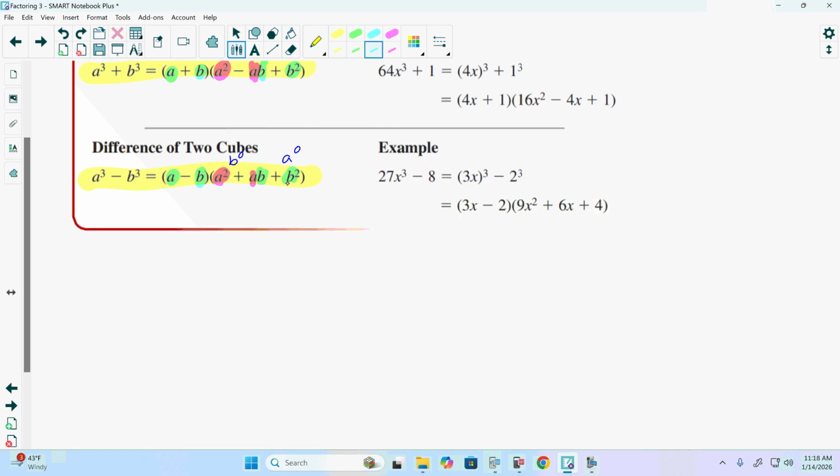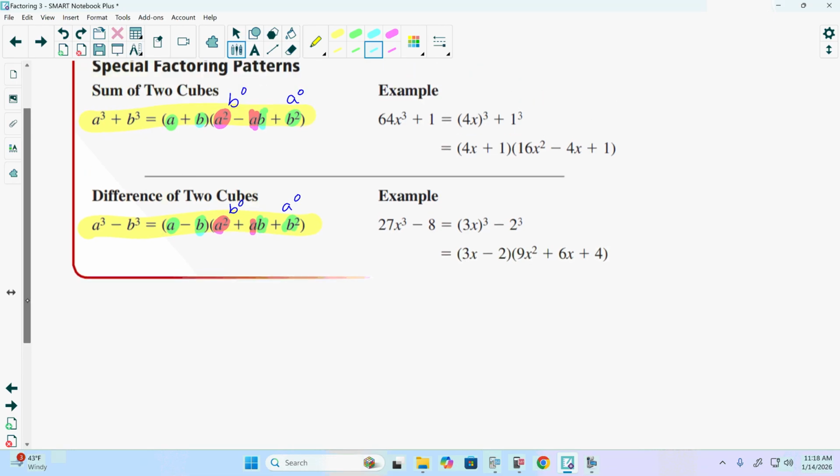So the only real difference between these two is the signs. For the sum of two cubes, when we're adding two cubes, it's plus, minus, plus. When it's a difference, it's minus, plus, plus.